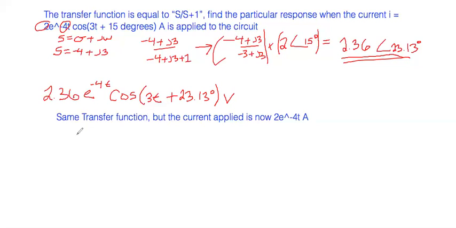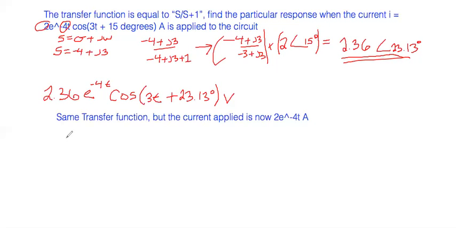So now part 2 of the question asks, it's the same transfer function, S divided by S plus 1, but the current applied is now 2e to the negative 4t amps.